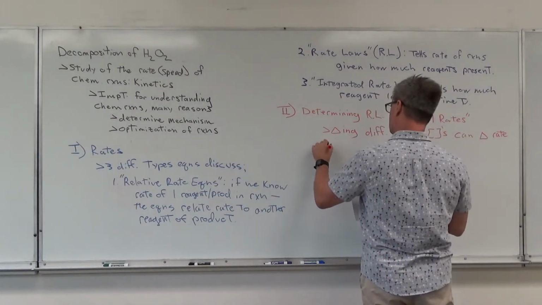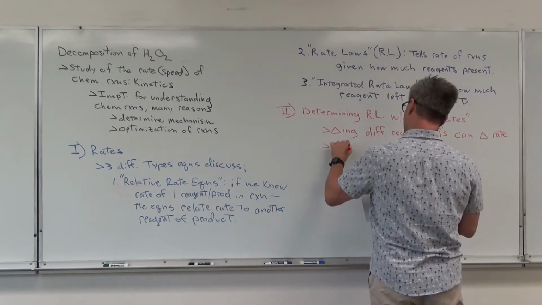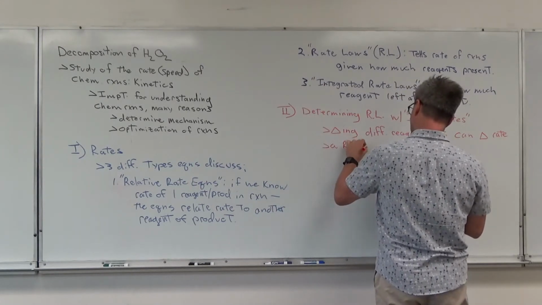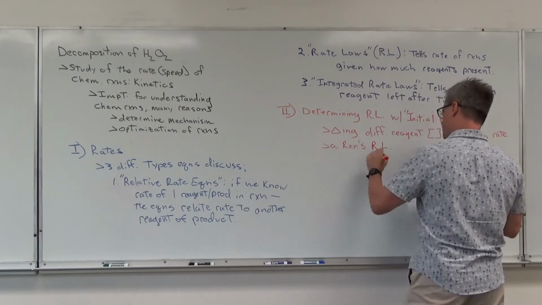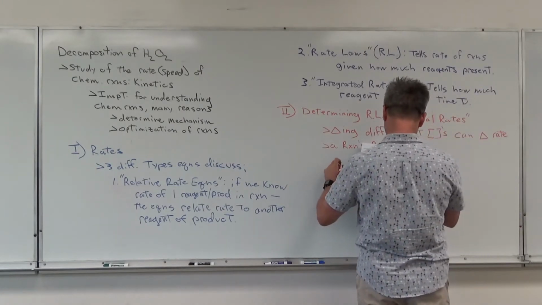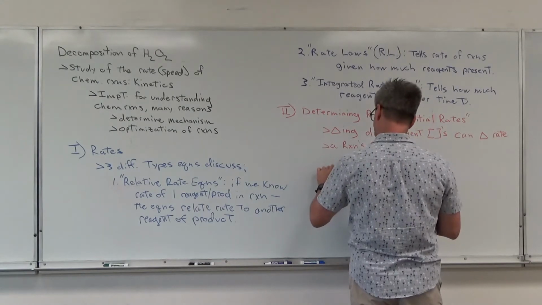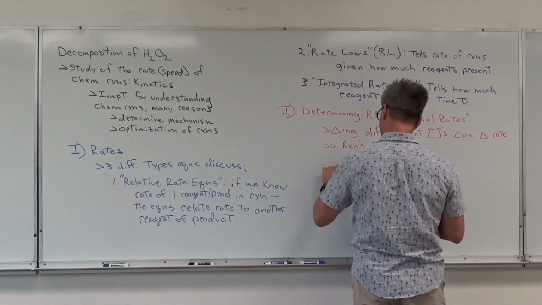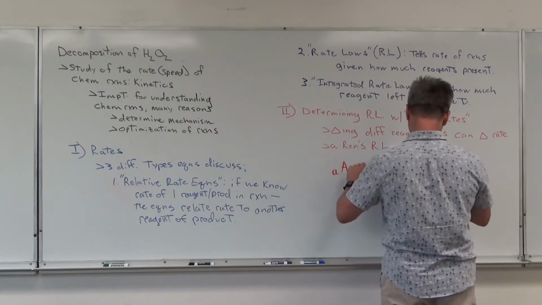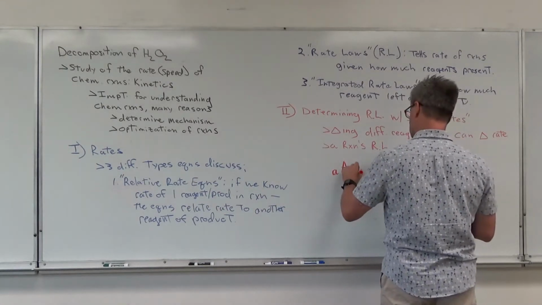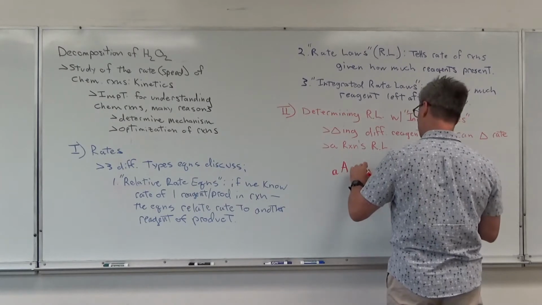Okay, so a reaction's rate law. All right, let's draw our generic reaction. It's going to be A plus B gives us C and D. So not real atom symbols.